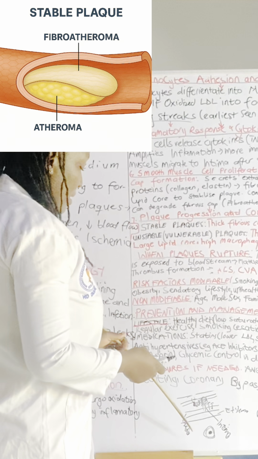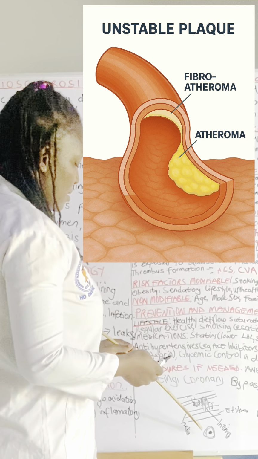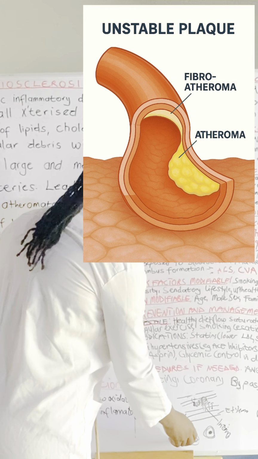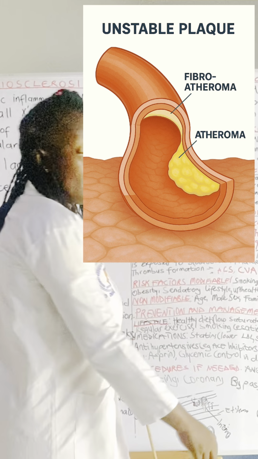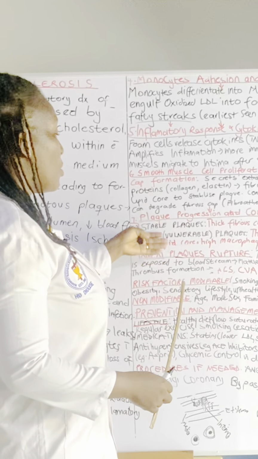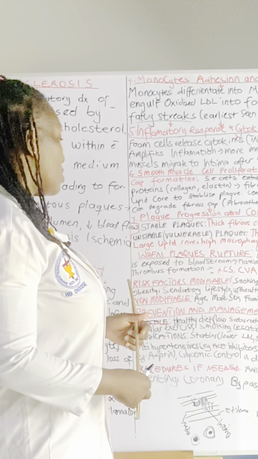But a vulnerable or unstable one is the one that has a thin fibrous cap and a very thick core. These are the 2 types we have, and depending on whichever one is the problem, your complications ensue from there.